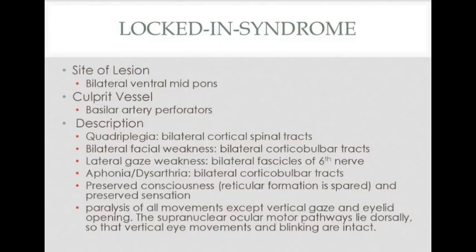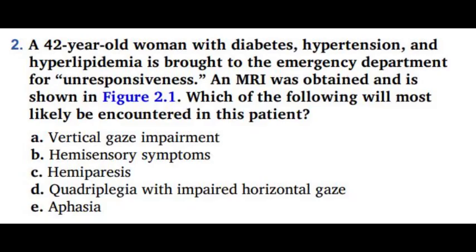So aphasia is not a symptom of locked-in syndrome, and their cortex is preserved, so there is no involvement of the area that processes language. They understand and can formulate language normally, but they cannot express it vocally due to paralysis. So that being said, option D is the right option.